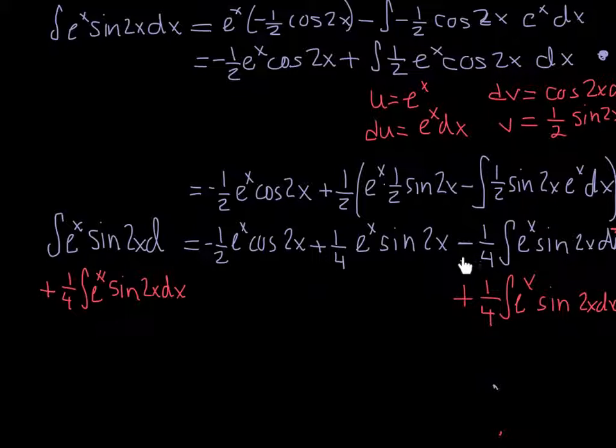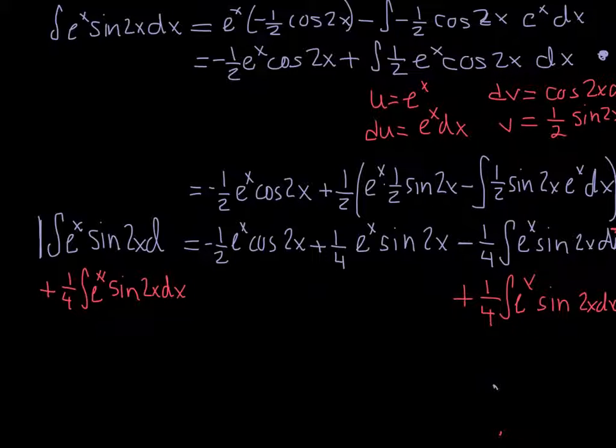So negative plus positive 1/4 times the integral of e to the x sine of 2x times dx, we're going to obtain 0 in the right side. And here, we have 1 time the integral of e to the x and so on.